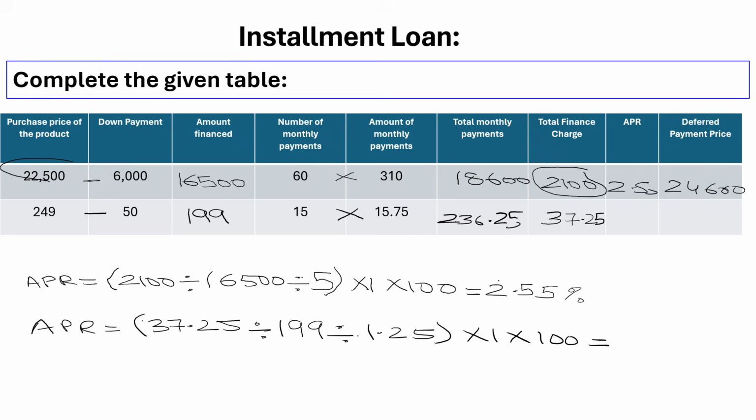So the answer which we will be getting is 14.97%. So here we will write APR is 14.97.